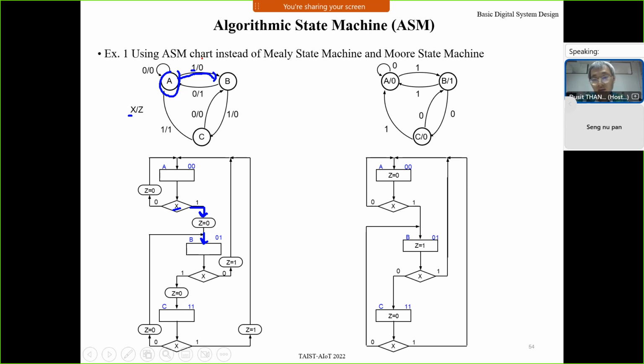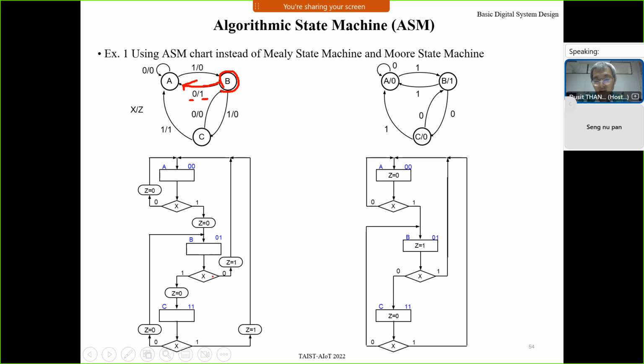The output, when input is 1, output is 0. And when X is 0, go to A and output is 0. Okay.